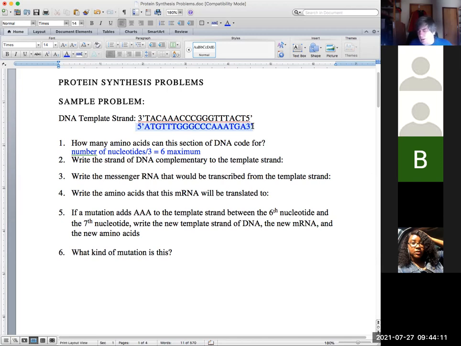So this is our complementary strand of DNA. So I'm going to write that down here.